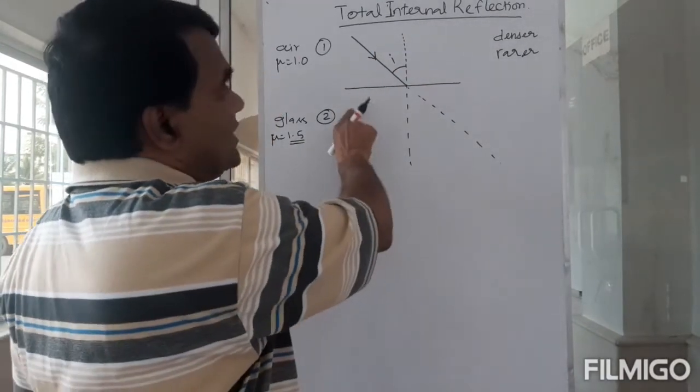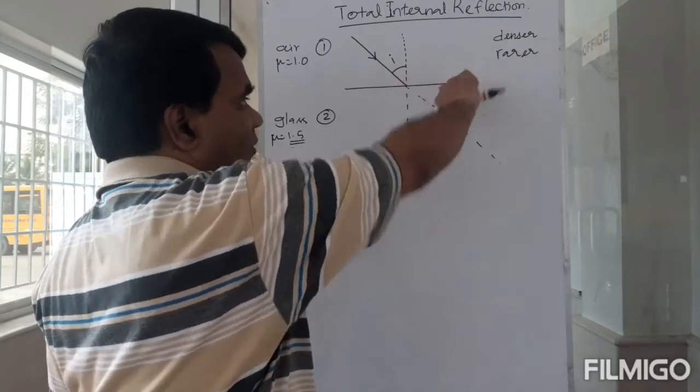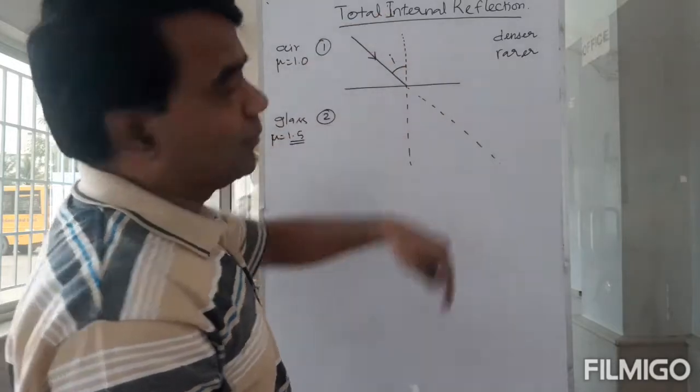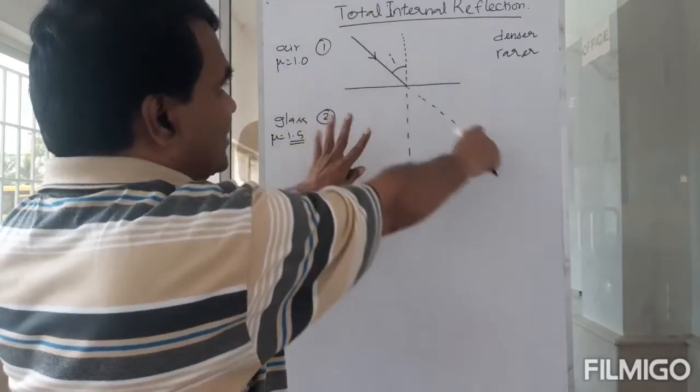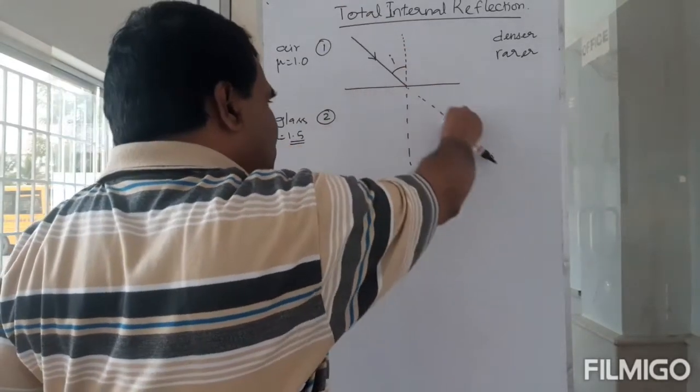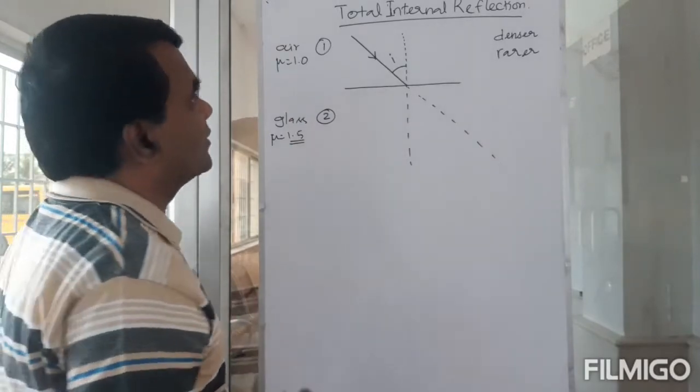If medium 2 is rarer than medium 1, then light will bend away from the normal. So we have two terms: optically denser and optically rarer. Glass is a denser medium and air is a rarer medium. If there is no medium 2, there is only medium 1, then it would have continued in a straight line.